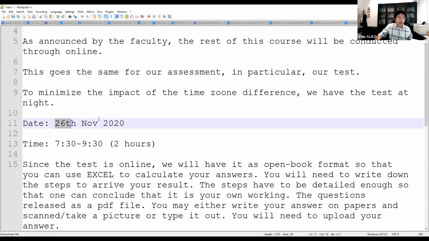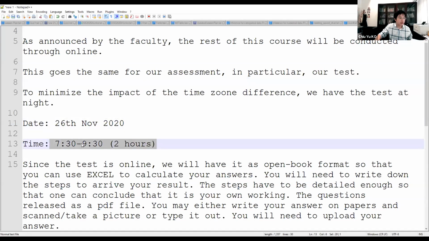The tentative date is the 26th of November. I will send out the announcement later, but that would be the goal. It will be at night, tentatively 7 p.m. to 9 p.m., for 2 hours.